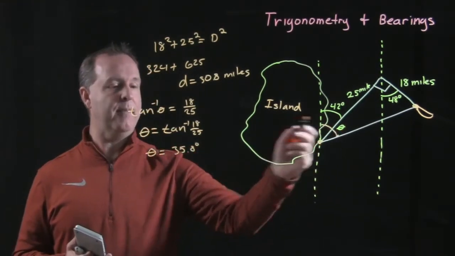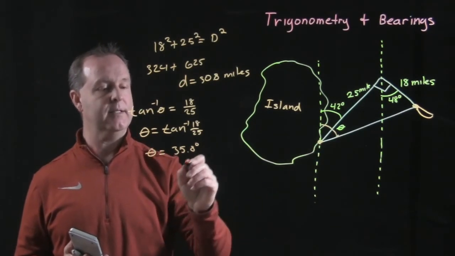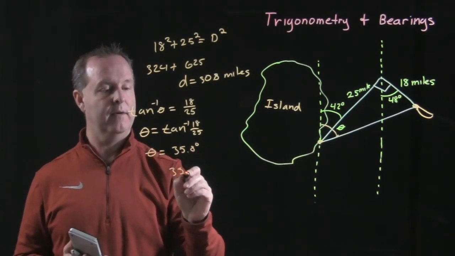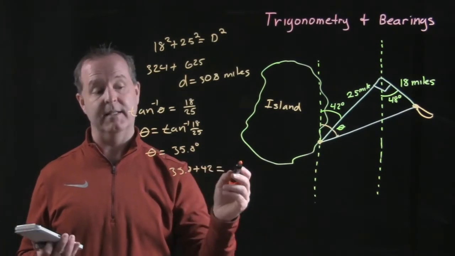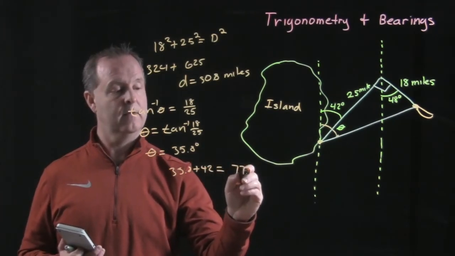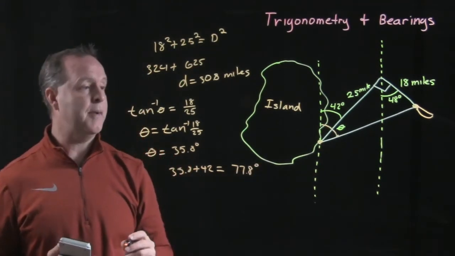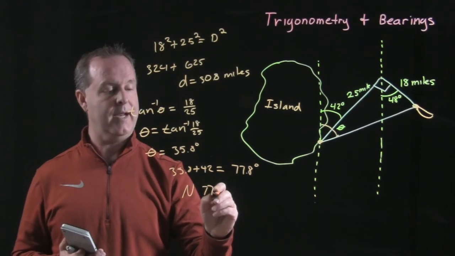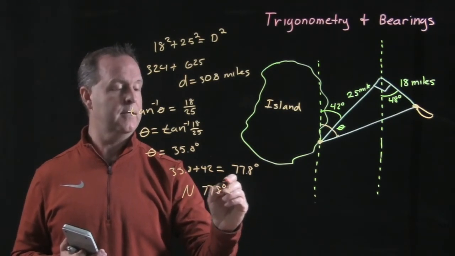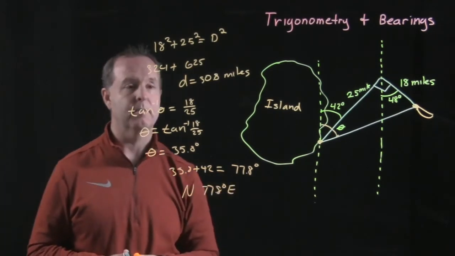To find out the entire bearing, I need to add that to the 42 degrees. So 35.8 plus 42 equals 77.8 degrees. My bearing then is north 77.8 degrees east, which is where my boat is in relationship to my harbor.